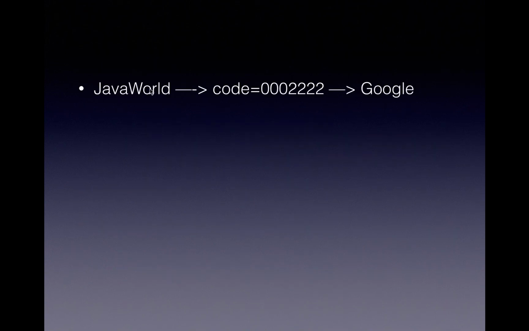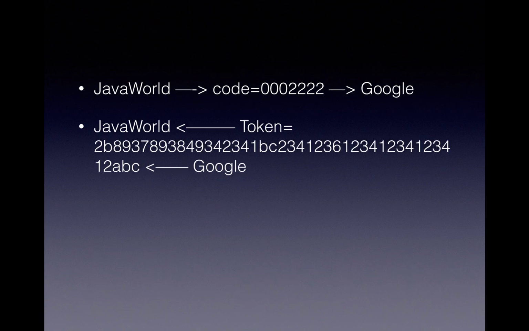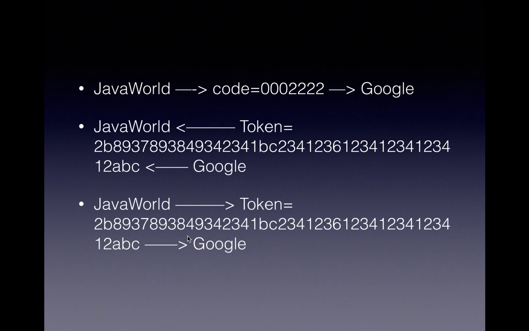And then javaworld.com from that point will take that code and send another HTTP request to Google. Google will give it back a unique token. And from that point, javaworld.com will use this token for any number of requests that it will send to Google to get the user information and access whatever the user allows JavaWorld to access on Google.